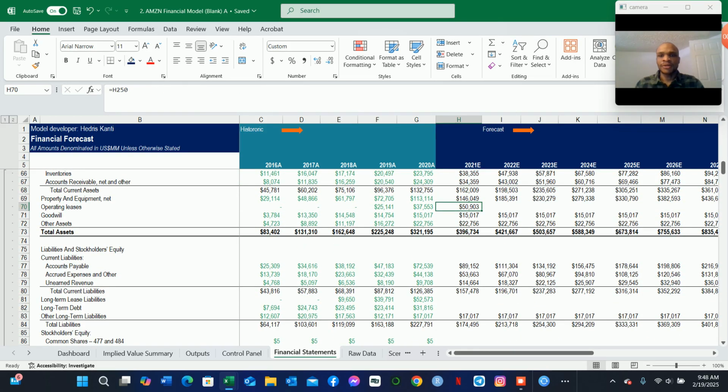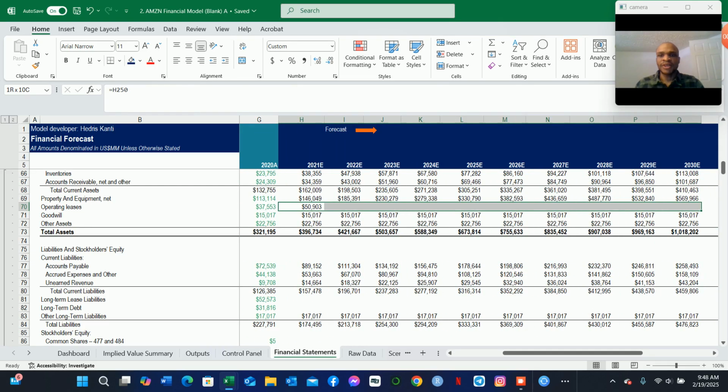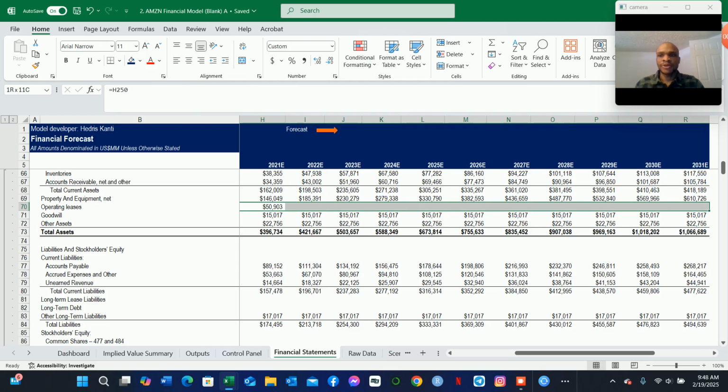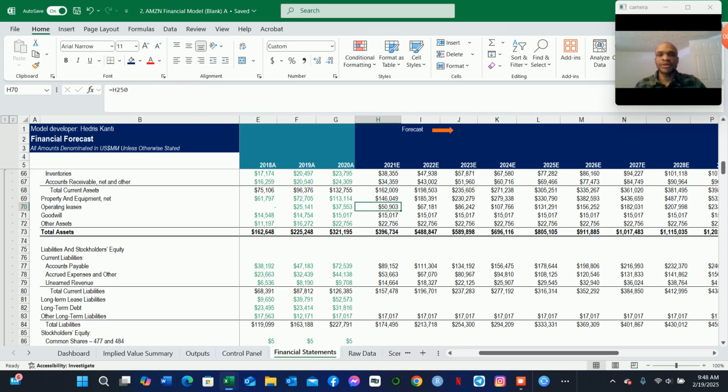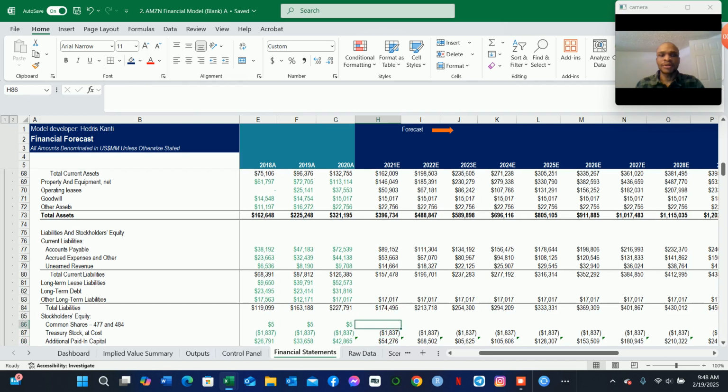So we have that operating leases total balance kicking in here as a result of the new regulation that began in 2019. So we can fill this formula right to the end of the projected period. So we have that set there.